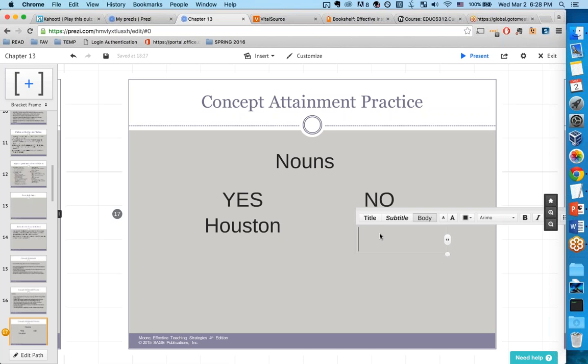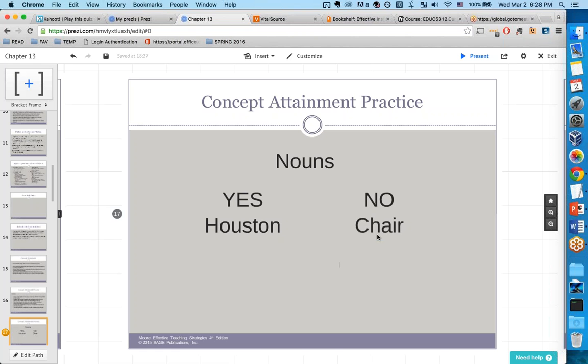But according to our textbook, I'm not the expert on this, I'm not an ELA major here, so chair is categorized under no. How about Jane, which is a name.